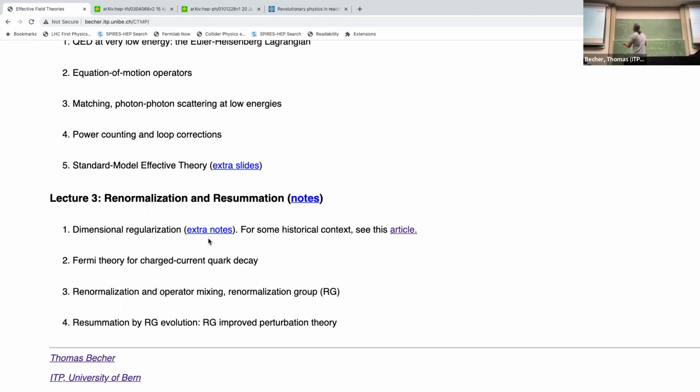So there are different diagrams. I can exchange a gluon here. Exchange the gluon between the other lines. Start here and end up here.